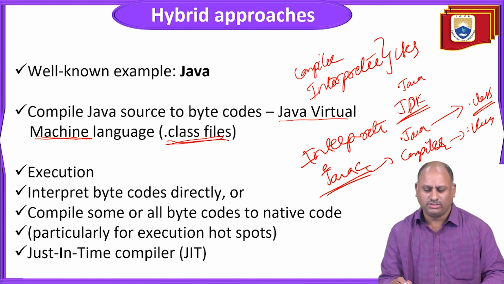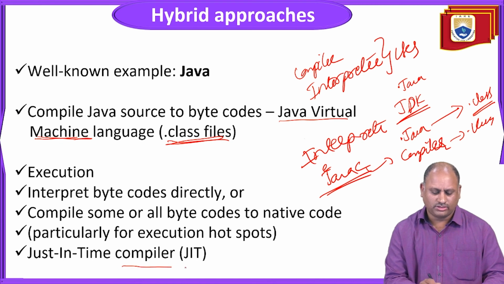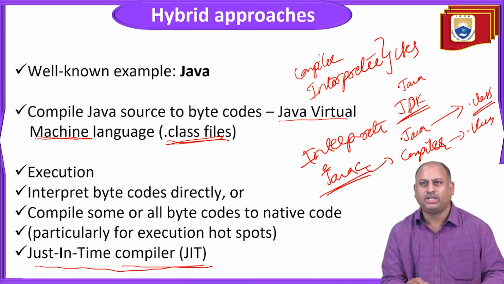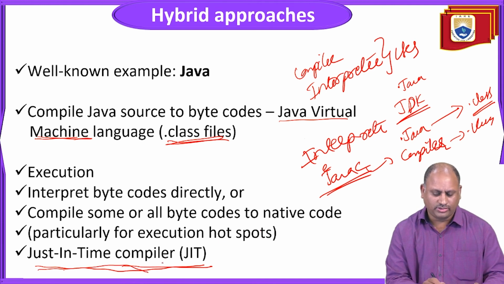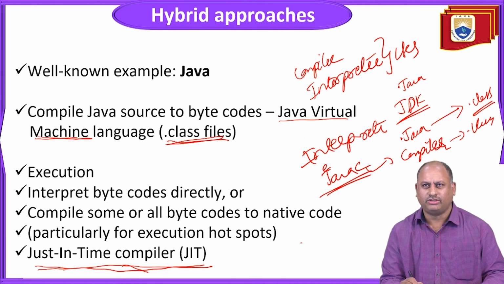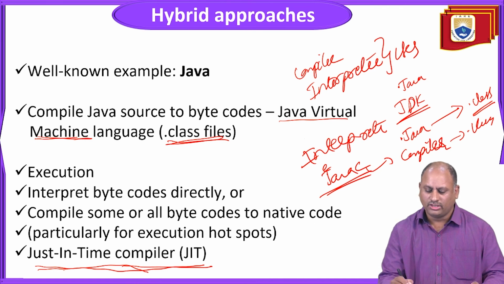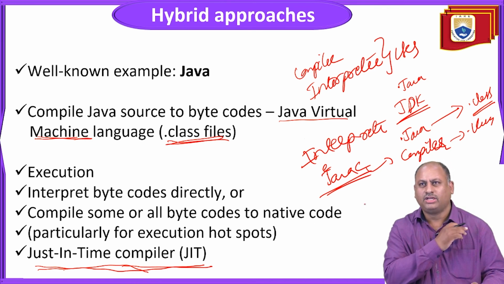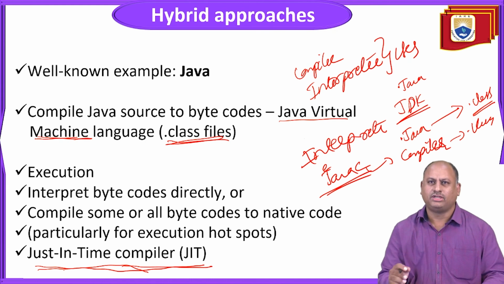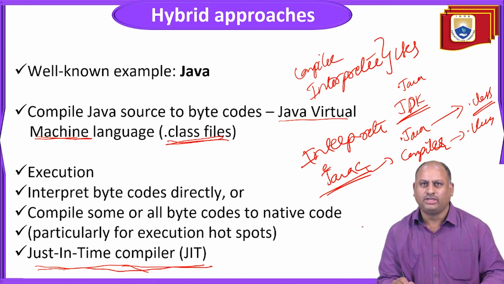Then internally the native code is developed. The JIT compiler, just-in-time compiler, is part of the Java virtual machine. It does the compilation and interpretation of the .class file into machine-understandable form, generating the object code.